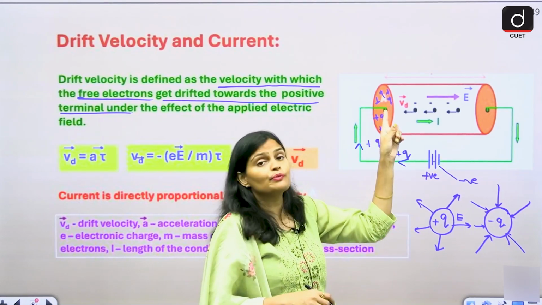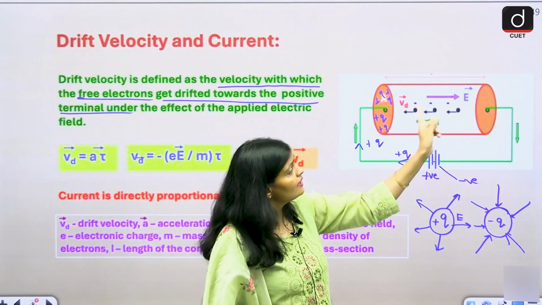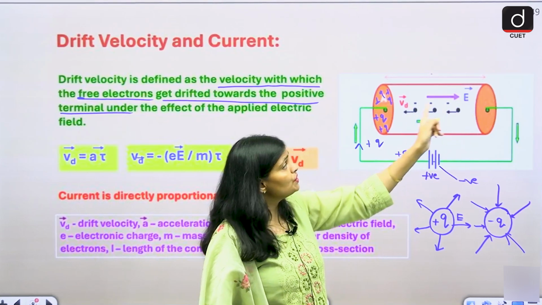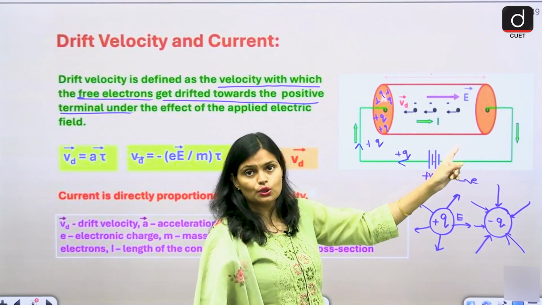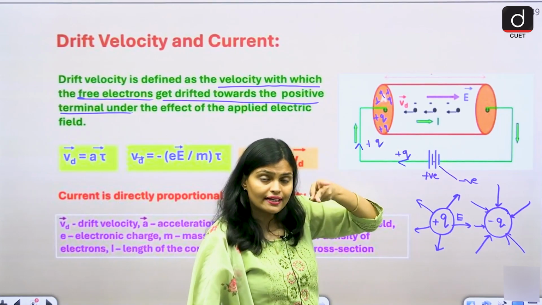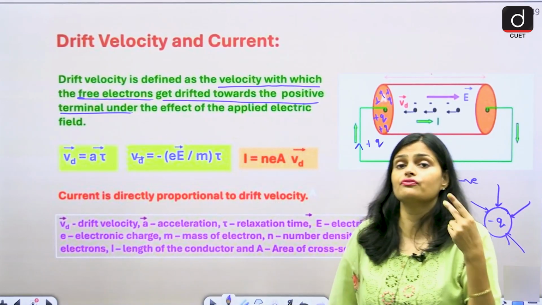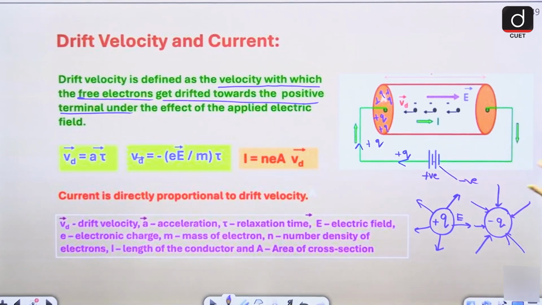So due to this positive charge, the electric field will be in this direction, and the electron moves opposite to the electric field, while in the same direction as the electric field we have the current. So the direction of the electric field and current is the same, and the direction of the electron is opposite. Clear? So this is the drift velocity.